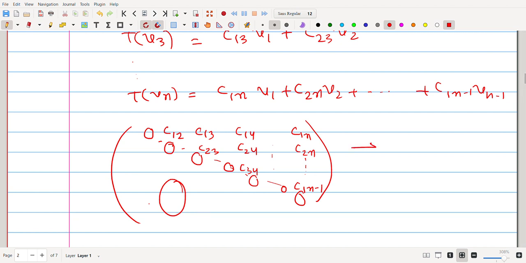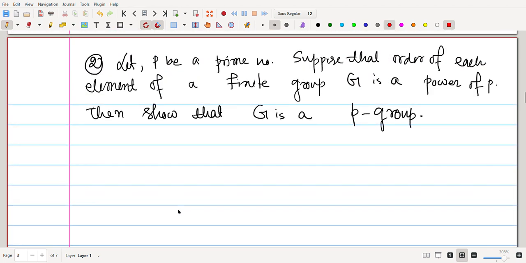That means strictly upper triangular. This is the nice one. Okay, go to the next one.